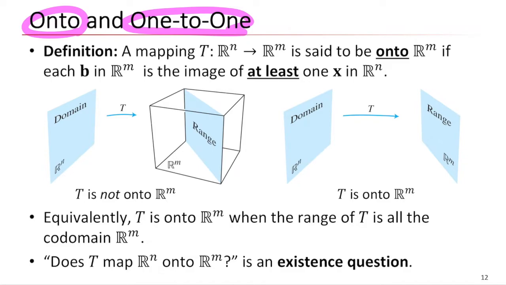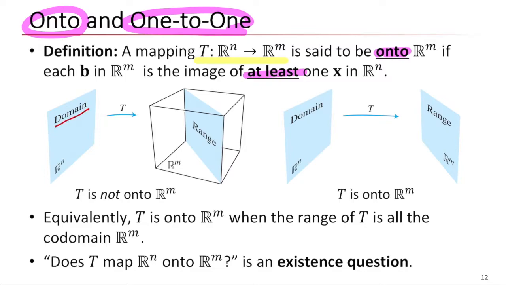Okay, the mapping or function T from Rn space to Rm space is said to be onto Rm if each b in the Rm space, the codomain space, is the image of at least one x in Rn. What does it mean? Please see the left image.